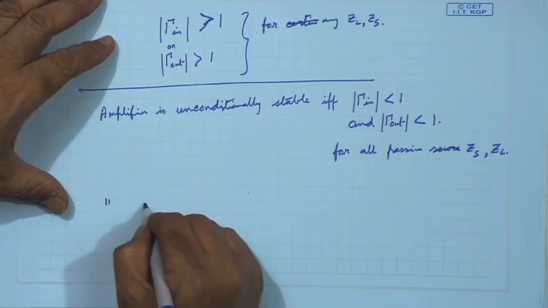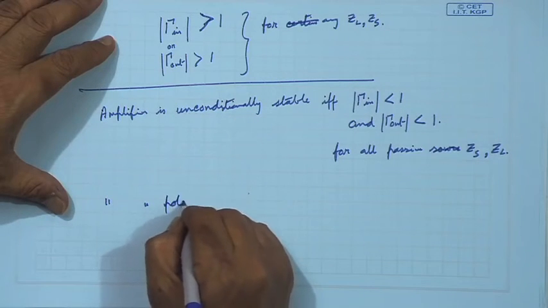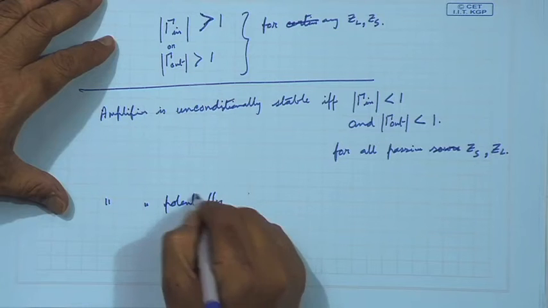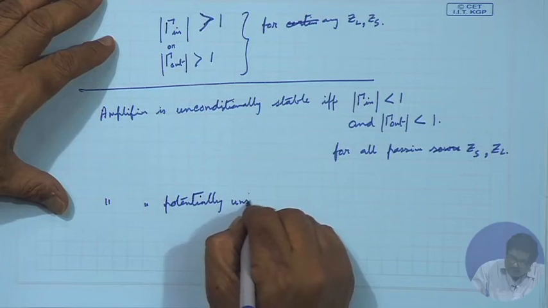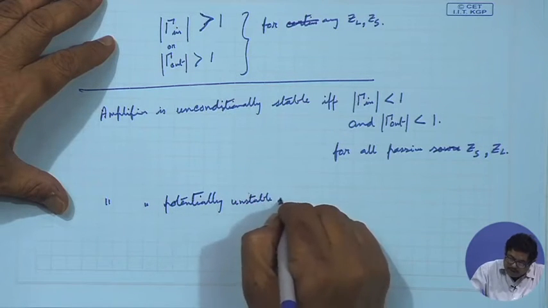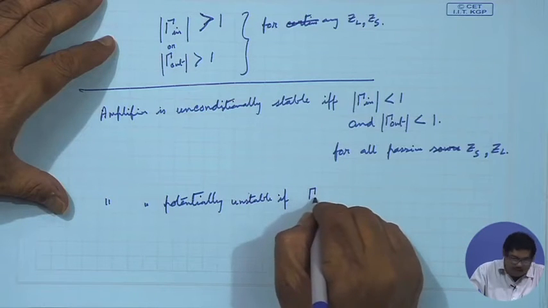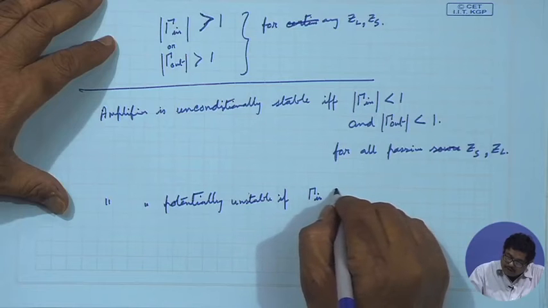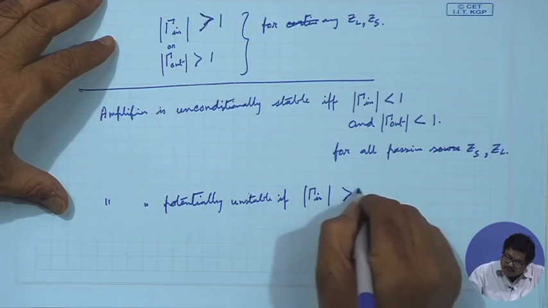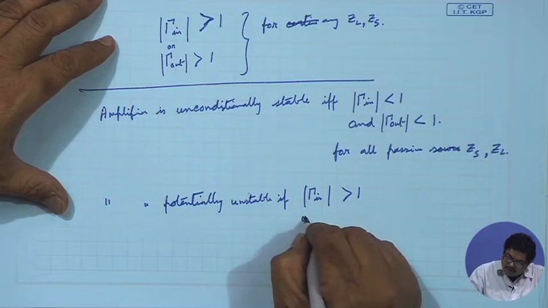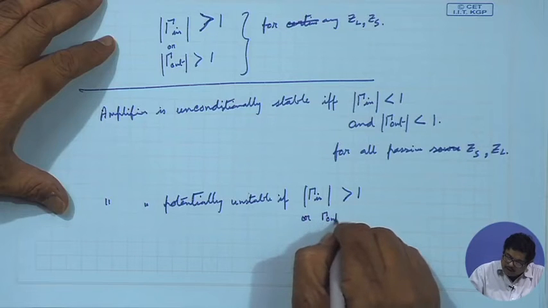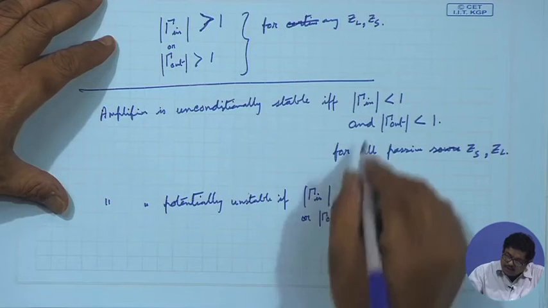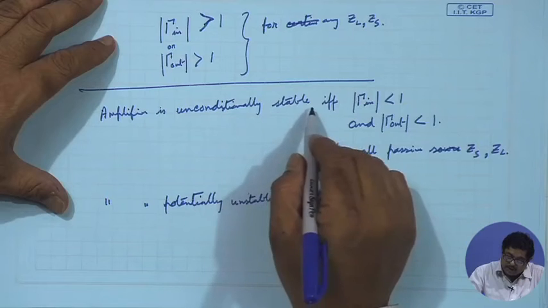Similarly, an amplifier is potentially unstable if gamma in is greater than 1 or gamma out is greater than 1, here not 'and', because unconditionally stable was for both.